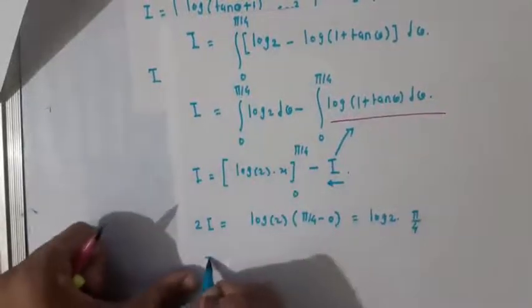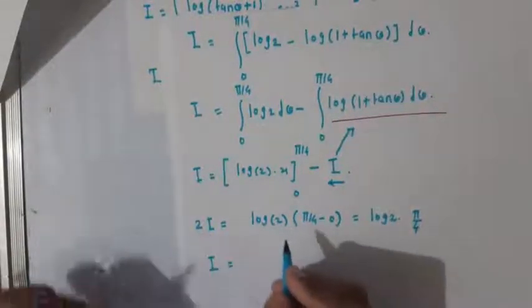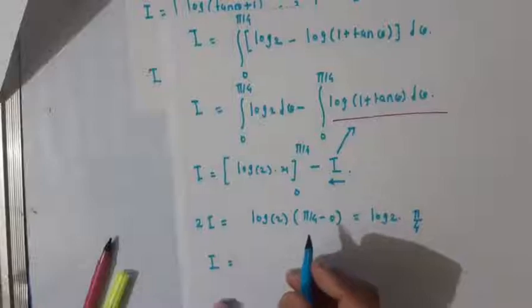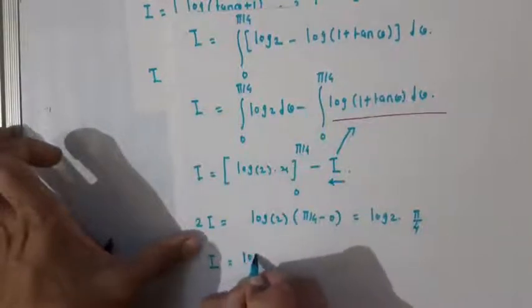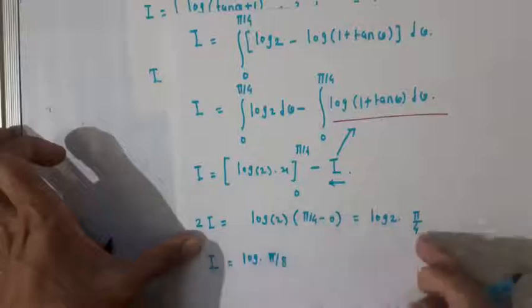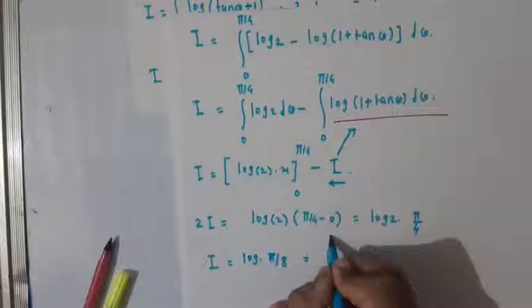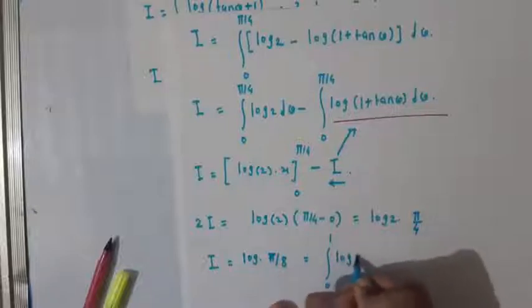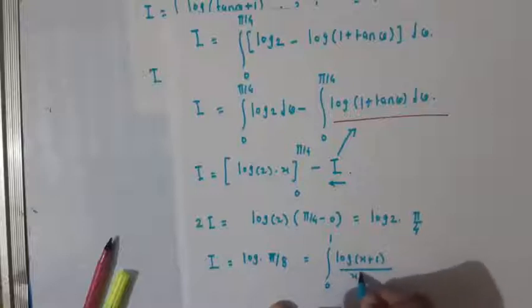Therefore the value of integration I equal to, shift the 2 to that side, log of 2 into pi by 8. And this is integration 0 to 1 log of x plus 1 upon x square plus 1 with respect to x.